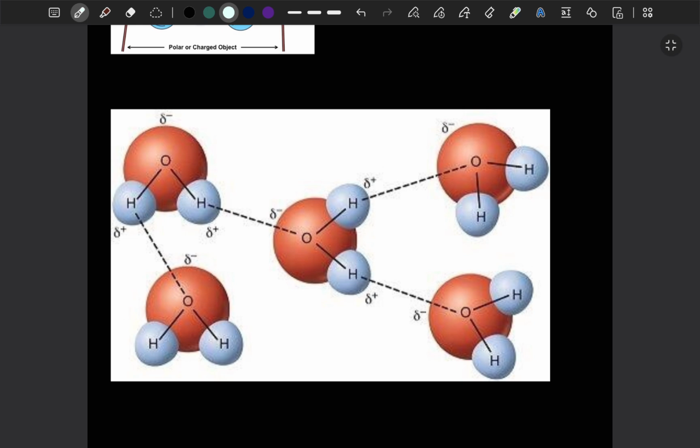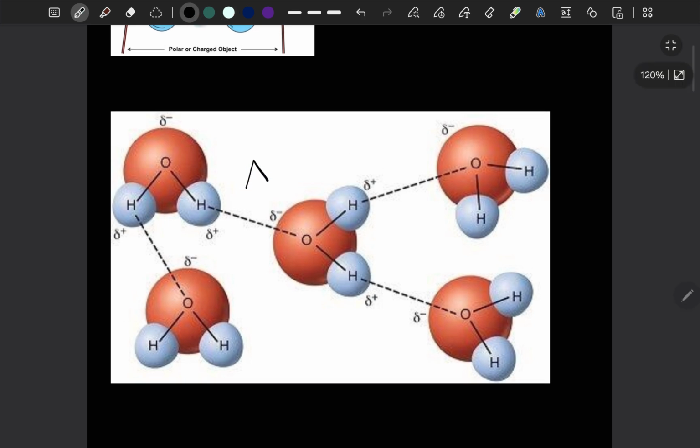We know that water molecules are shaped like V, right? You can see the V-like shape, and there is one oxygen and two hydrogen atoms in the molecule. Oxygen is highly electronegative, so it keeps the electrons more towards itself.